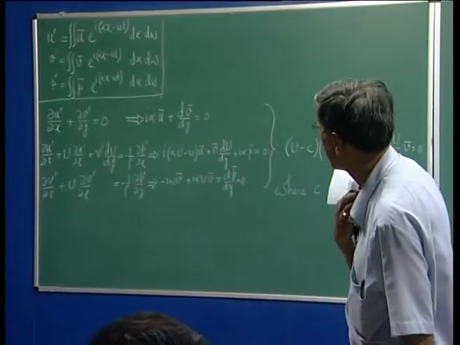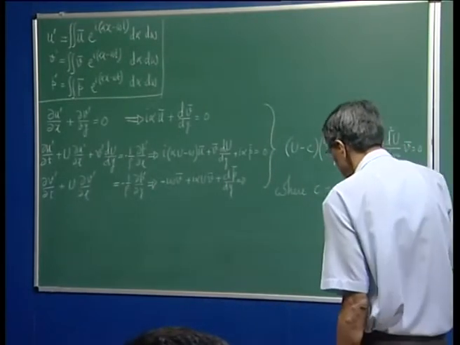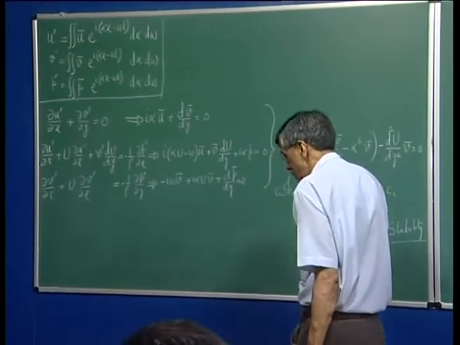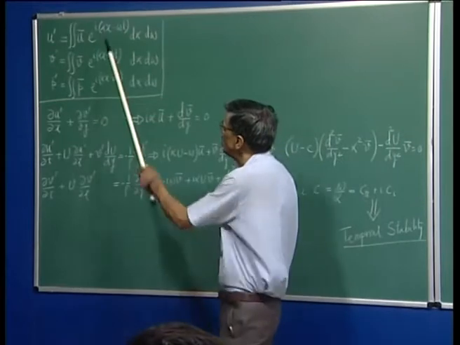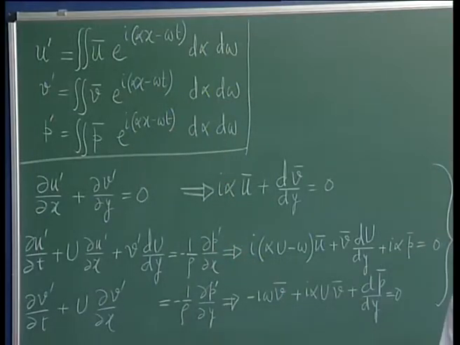Well, we said that when we are studying a stability problem, unlike the equilibrium flow problem, we must have the liberty to keep them complex. If we keep them complex, then what happens?